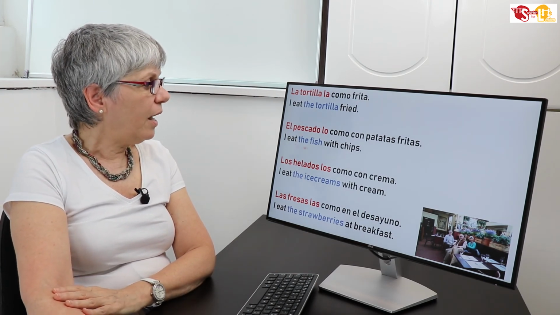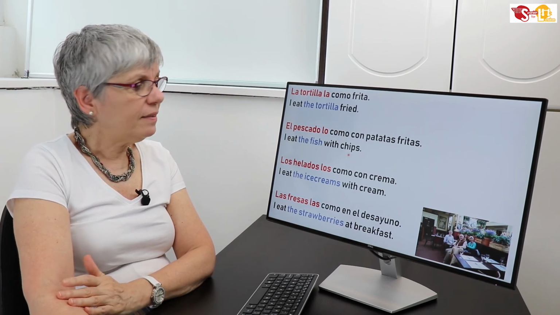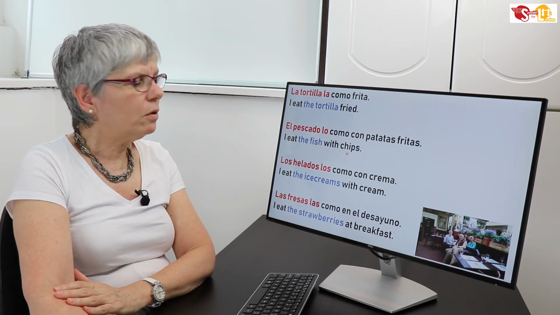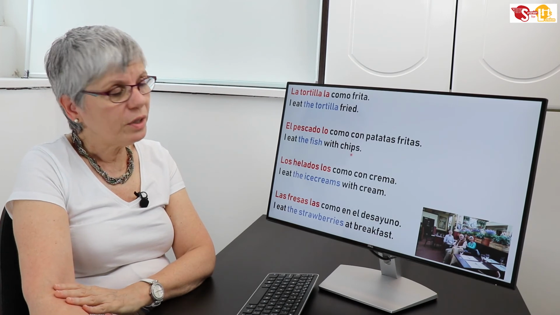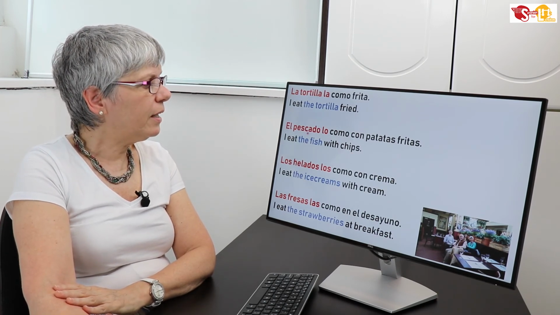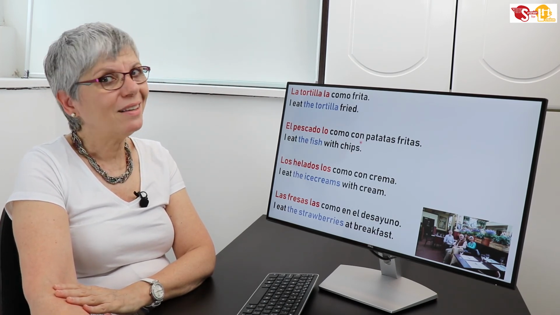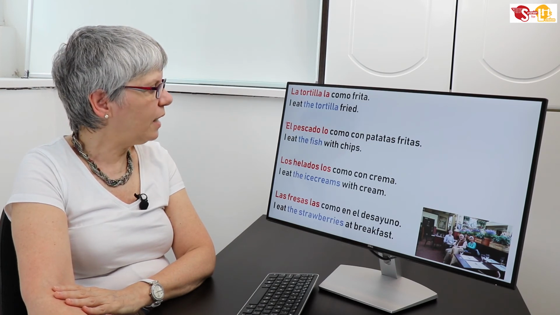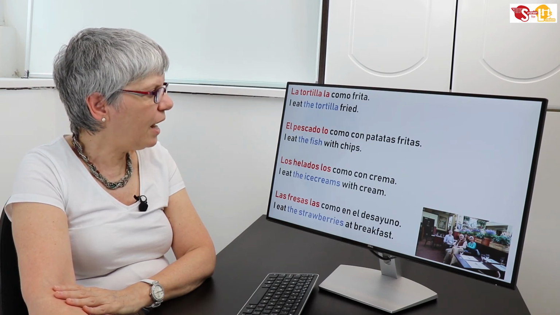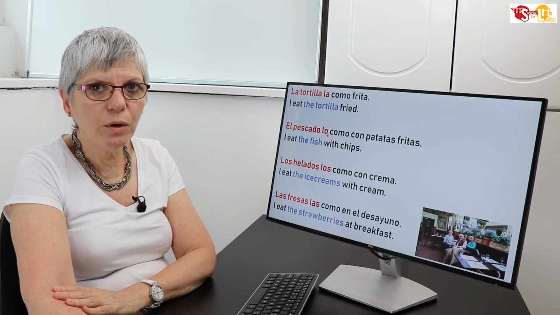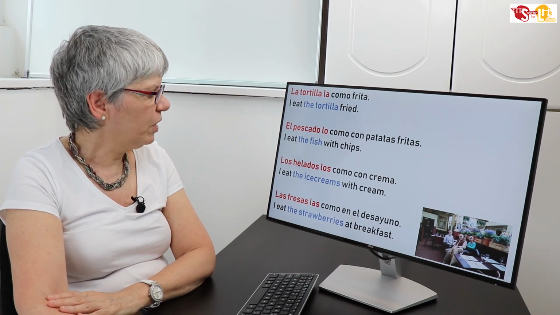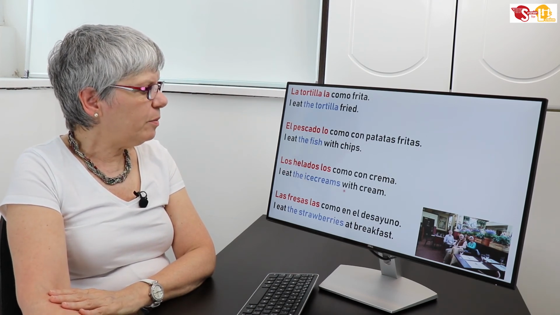The same here. I eat the fish with chips. I can say yo como el pescado con patatas fritas, or with another order, el pescado lo como con patatas fritas. But if I put the direct object at the beginning, I have to put the pronoun immediately after. I eat the ice creams with cream.